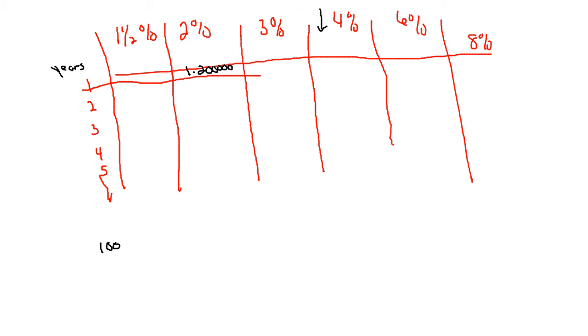So let's take a look at a problem that would involve this. It will say something like use the chart to figure out what $3,000 at 4% interest for 5 years.